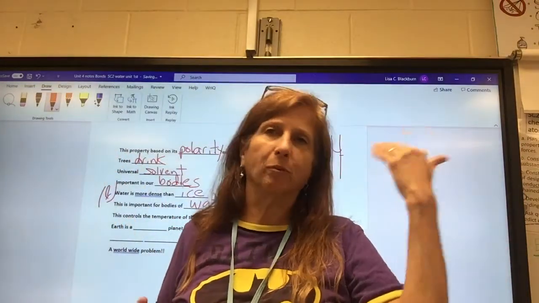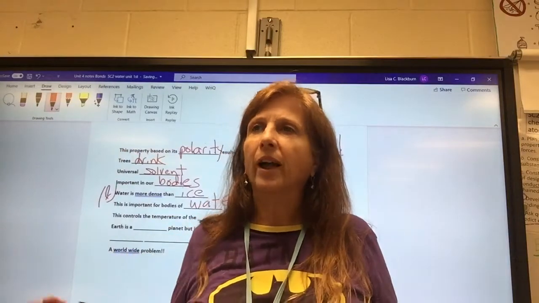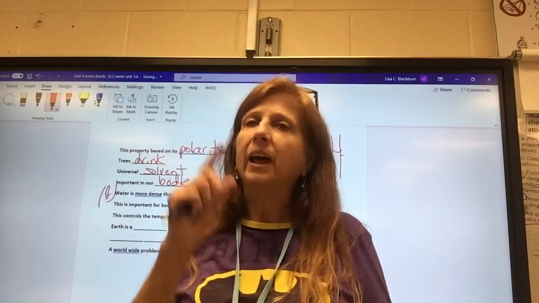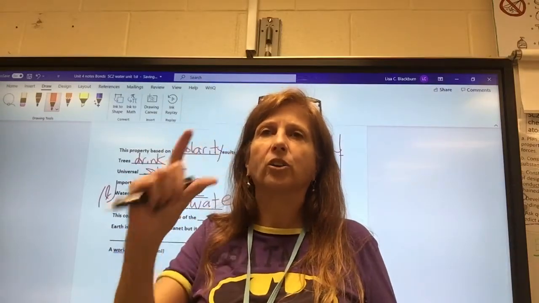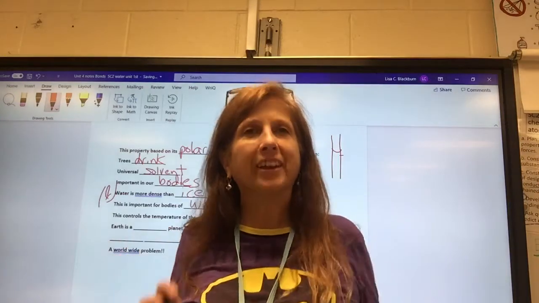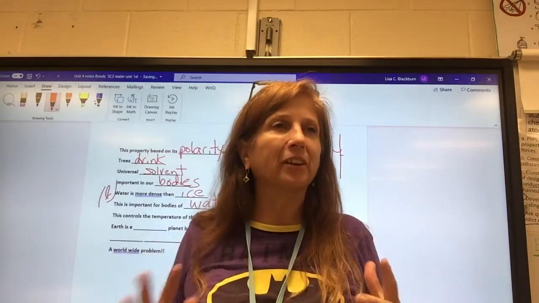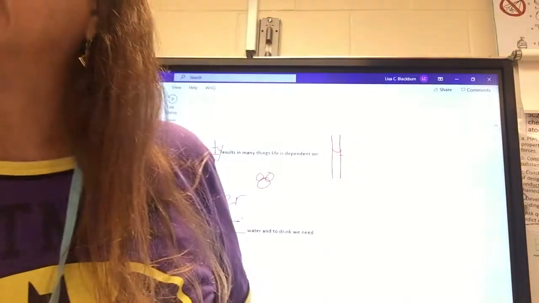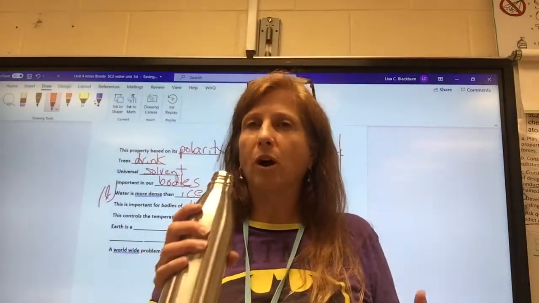We can have life from Alaska to Ecuador. Never too hot, never too cold. Might be cold, might be hot, but never too hot or too cold for life. Isn't that exciting? It just kind of gave me chill bumps thinking about it. Absolutely perfect. So to have a planet where there's life, it's got to be a watery planet.